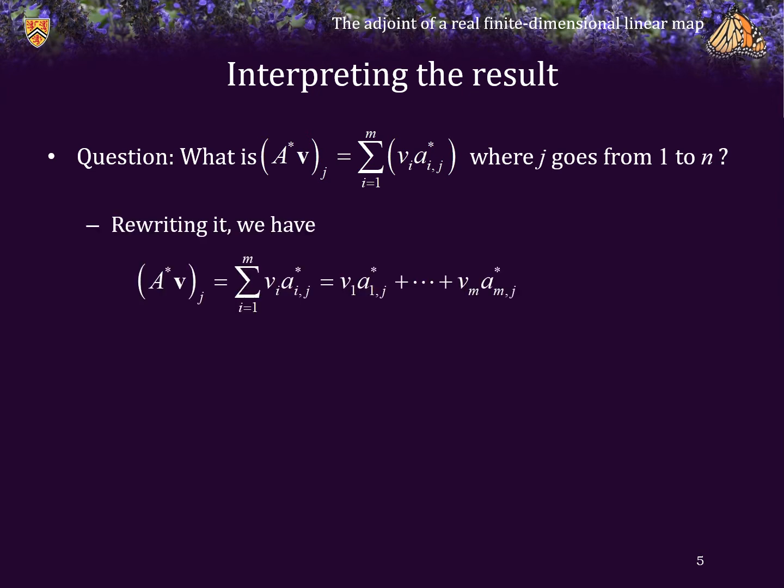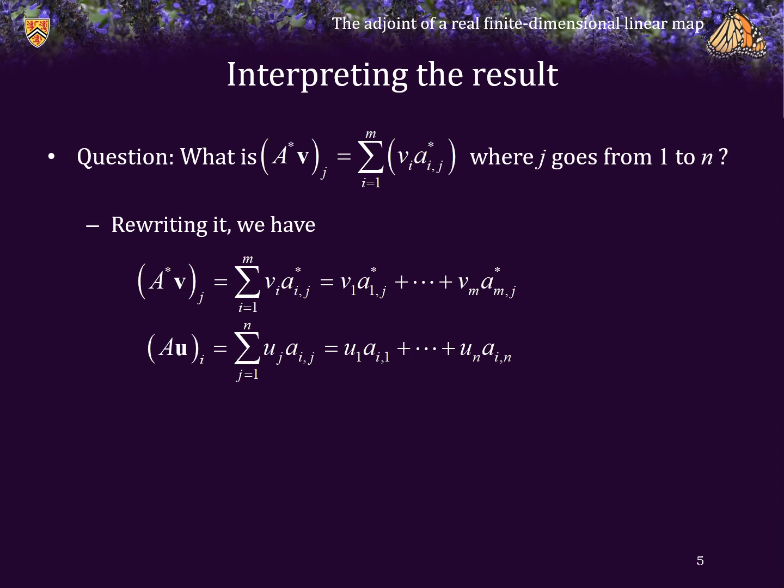Now, expanding this out, we notice that we have v sub 1 times a sub 1j. V is m-dimensional, and we are multiplying the corresponding entries of v with all the entries in one column of the matrix.